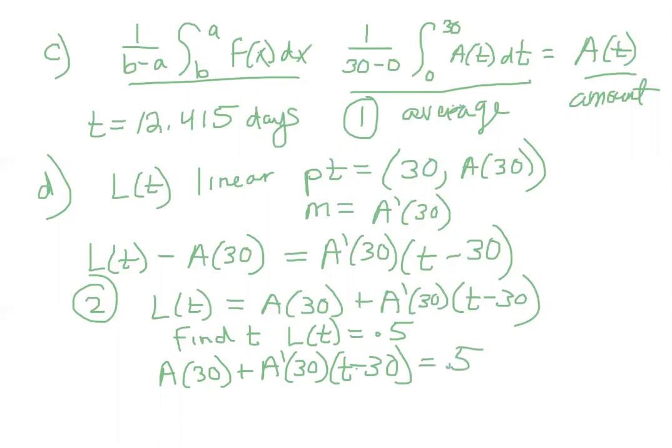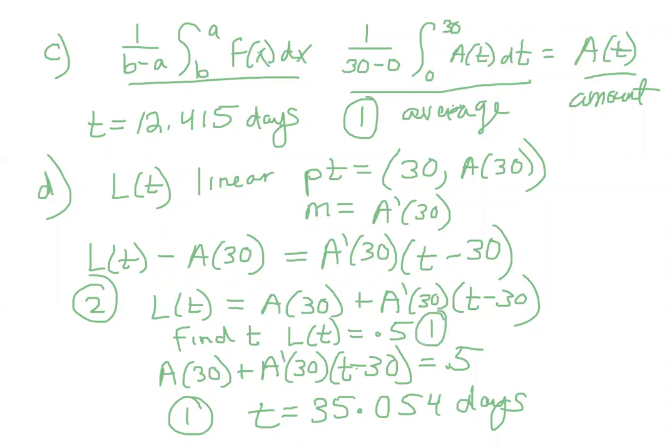And then you are going to find what t equals. You're going to have to put your numbers in, and you're going to get t equals 35.054 days. And that is an approximation using a line. So you get 1 point for that. You get 1 point for setting it equal to 0.5.